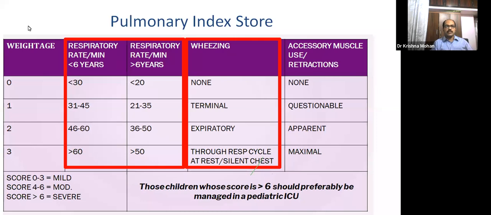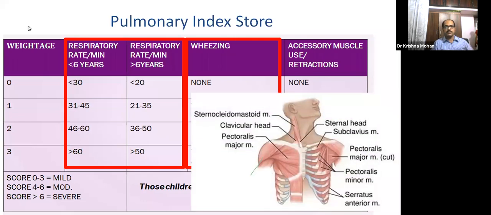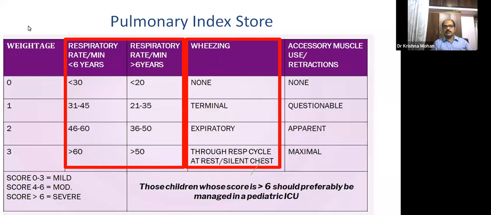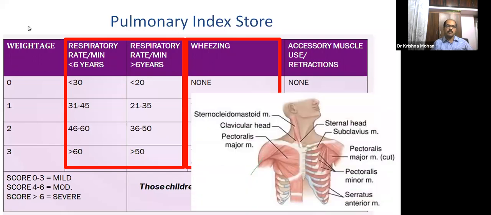And the third thing is accessory muscle use. We know we have different accessory muscles: pectoralis, sternocleidomastoid, serratus anterior and so on, and based upon these we classify. So these 3 indices are used: respiratory rate, wheezing, and accessory muscle use. You score individually. A score between 0 to 3 is a mild case of asthma, a score between 4 to 6 is a moderate case, and more than 6 is a severe case.